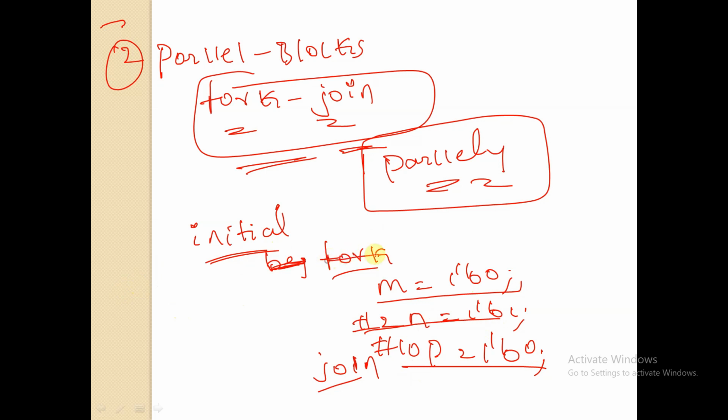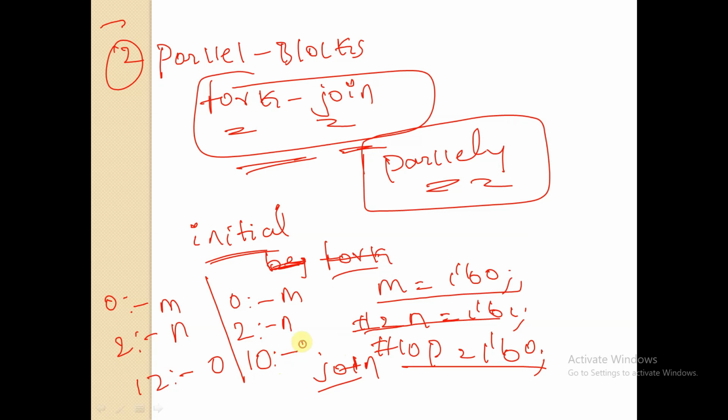If I don't use fork join here, then I will get the value of m at 0 time units, the value of n at 2 time units, and after 2 plus 10, that is 12 time units, I will get the value of p. This is executing sequentially. If I use the fork join, then at 0 time units I get m, at 2 time units I get n, and at 10 time units we will get the value of p.